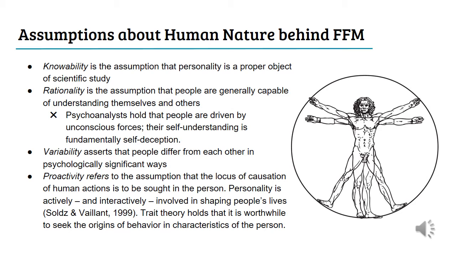Therefore, personality is actively and interactively involved in shaping people's lives. Trait theory holds that it's worthwhile to seek the origins of behavior and characteristics of the person. Generally speaking, people cannot be seen as victims of their circumstances.